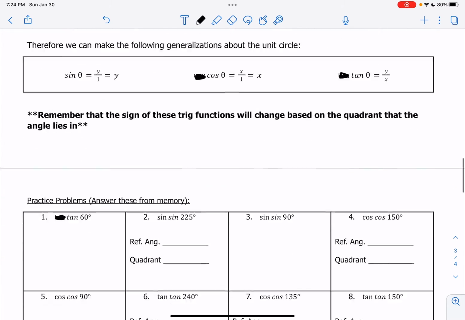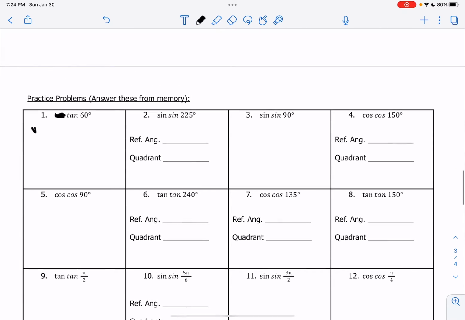To divide fractions, we're going to multiply by the reciprocal. So there's some computation here, but we have the skills to do it. The 2's cancel, and we get the square root of 3 over 1, which is just the square root of 3. So the tangent at 60 degrees is the square root of 3.